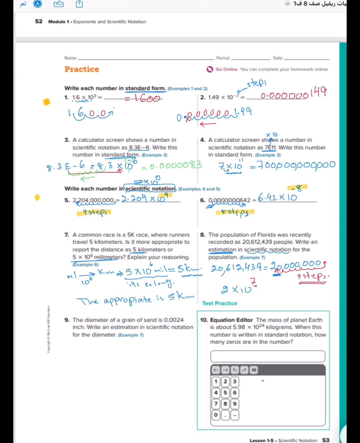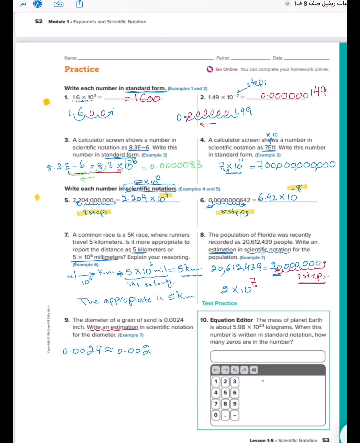Question number 9. The diameter of a grain of sand is 0.0024 inch. Write an estimation in scientific notation for the diameter. They want an estimation, so at the beginning we will write the estimate. This is approximately 0.002.